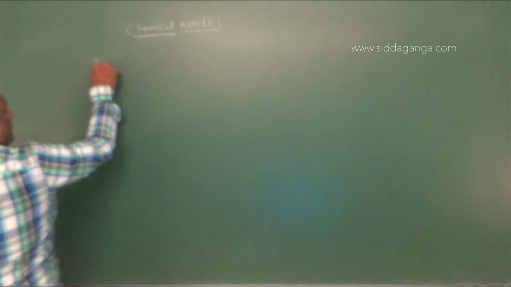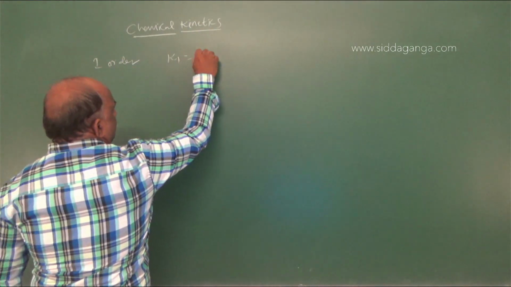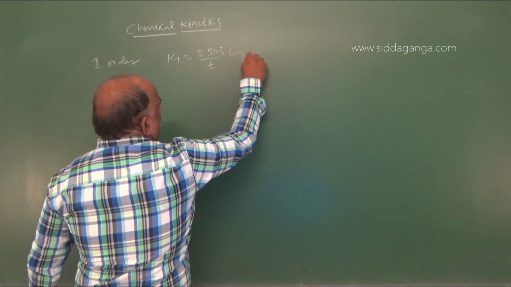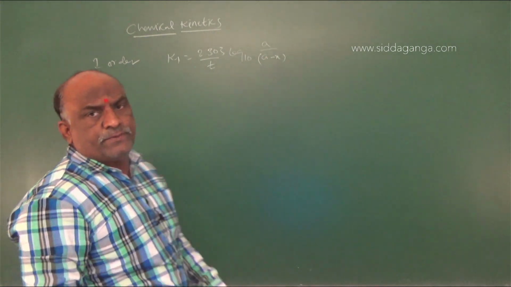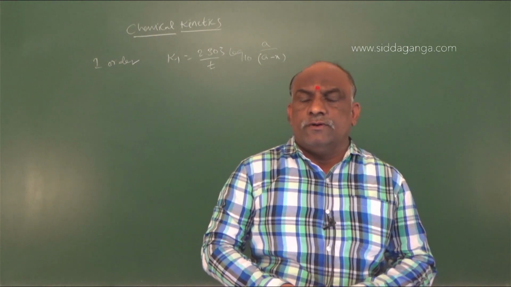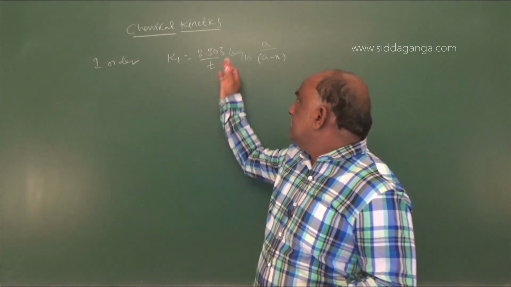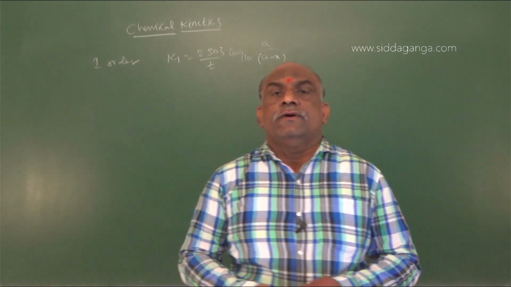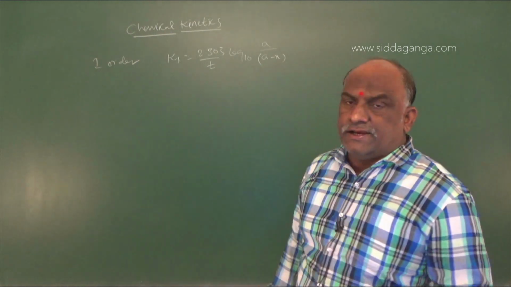We know that for first order, K1 is equal to 2.303 by t log base 10 a by a minus x. This is a common formula to calculate the rate constant, the initial concentration, or the concentration of the reactants at different intervals.